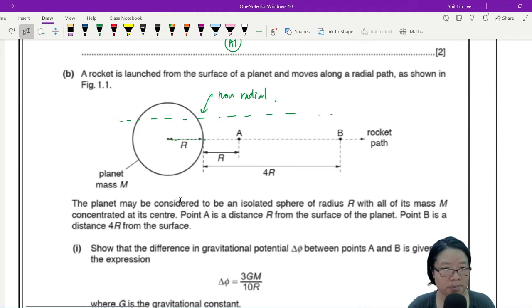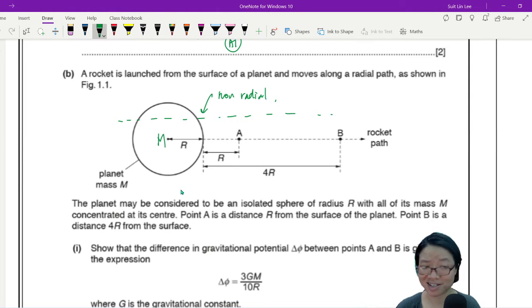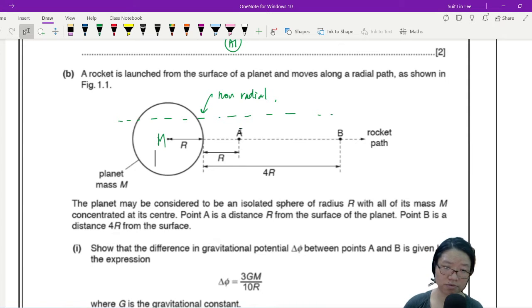The planet may be considered an isolated sphere with radius r. It has marked out the radius for me, that's great. With all of its mass m concentrated at the center. Yes, standard stuff. If not, you cannot use Newton's law of gravitation as it is. Point A is a distance r from the surface, and point B is 4r from the surface. It's a good thing that they draw for us.